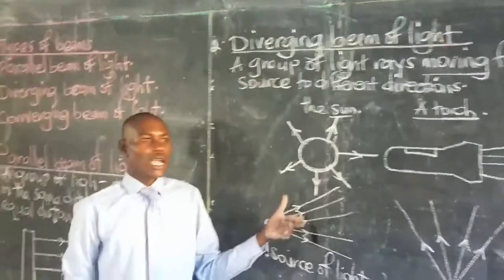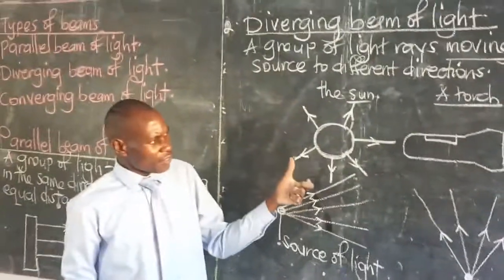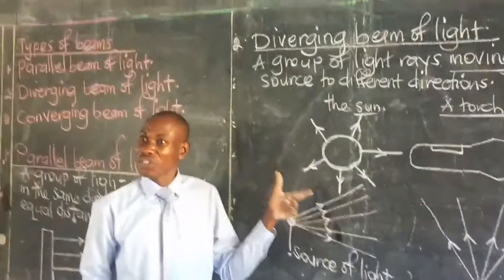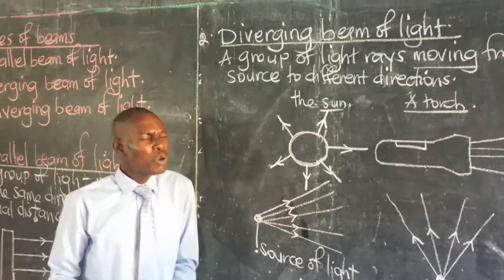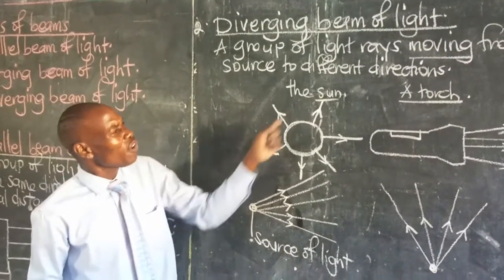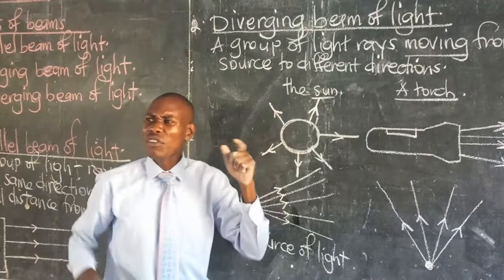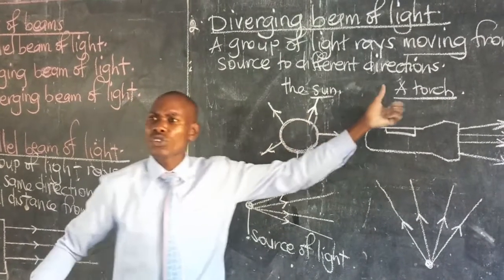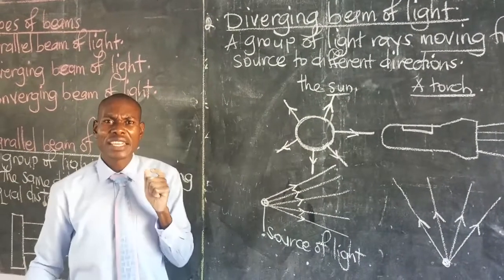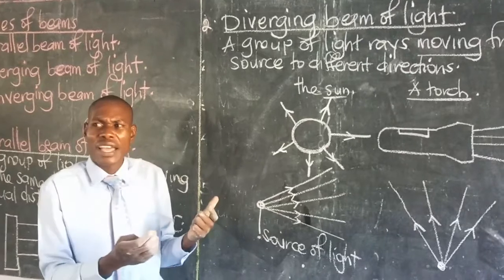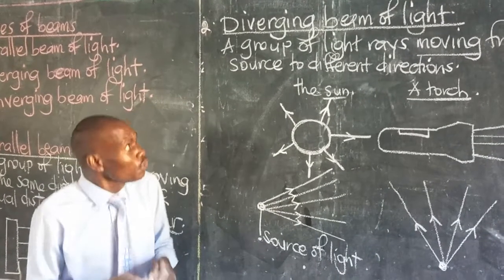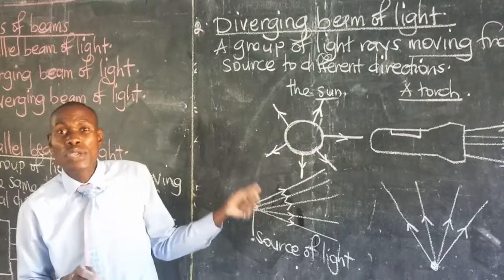Now, somebody is asking himself or herself, teacher, you have only talked about the sun and a torch. Teacher, don't you think there are other devices which produce a diverging beam of light?